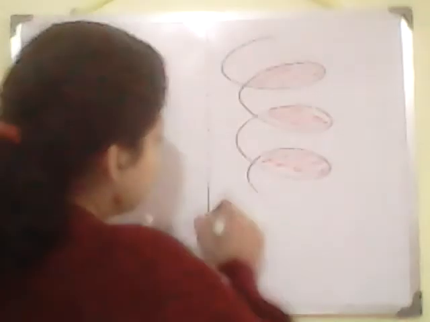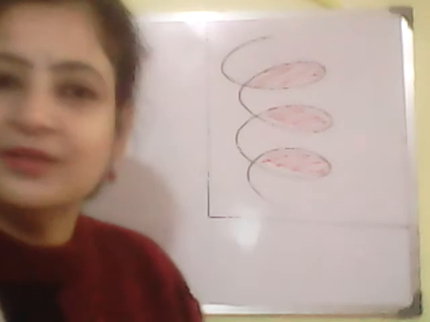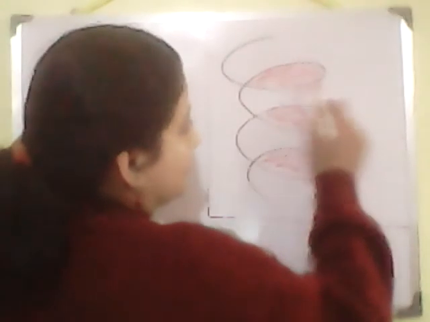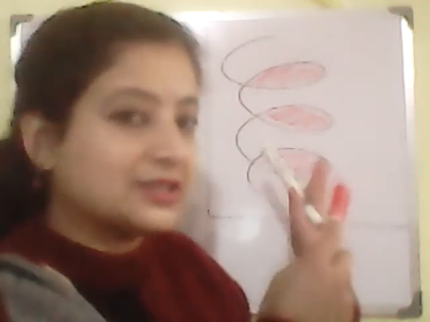But if we consider this figure as a whole, then it is not bounded. So in this case, it is bounded partly, but not totally. Whenever you consider it in total, it is not bounded. So it is partially bounded.